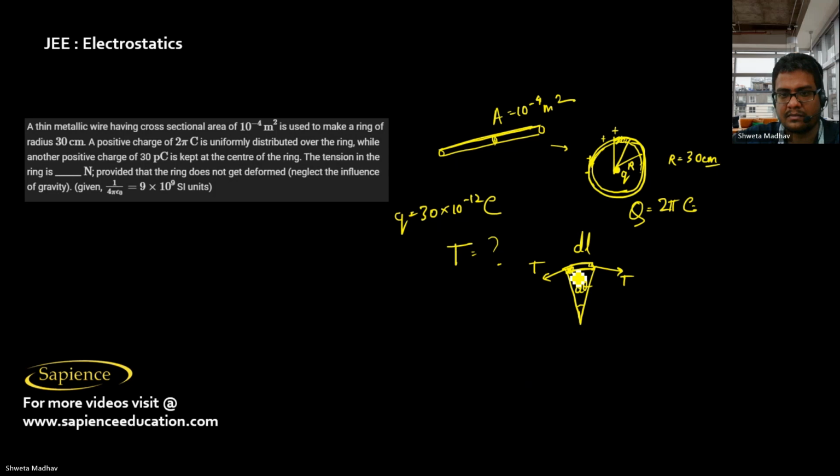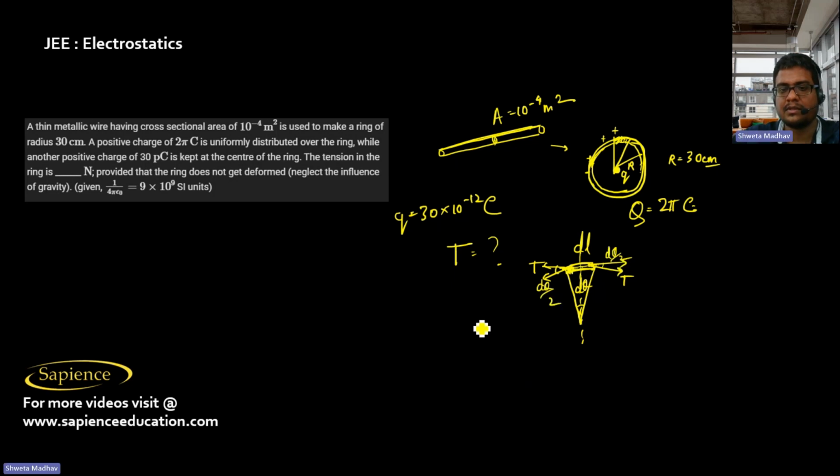Let's say this will be d theta by 2, this one is d theta by 2, this would be 90 minus d theta by 2, and this will be again d theta by 2.